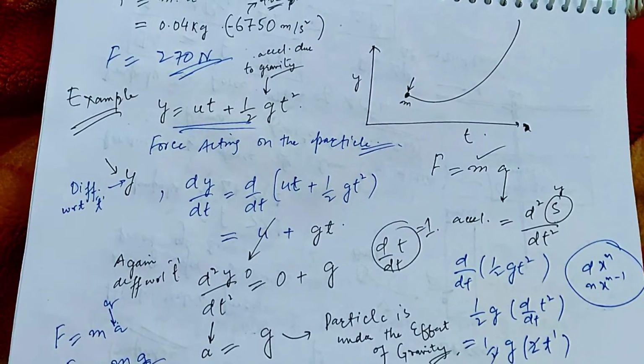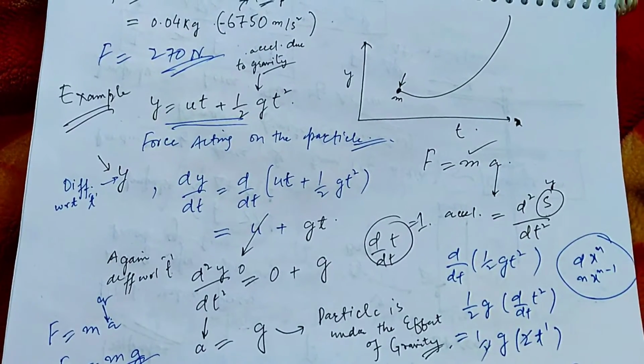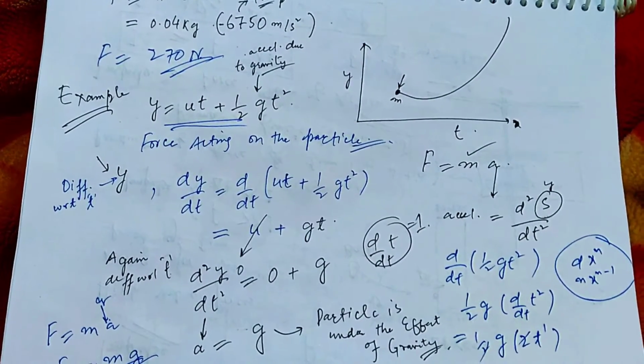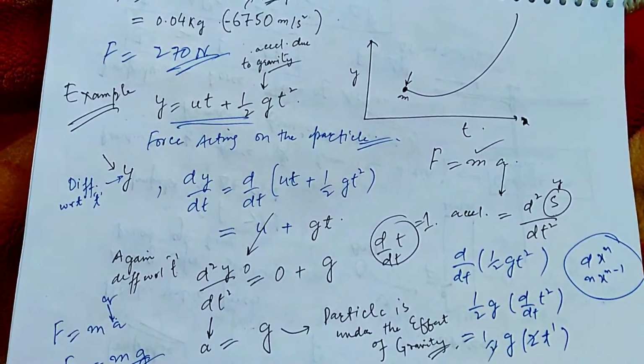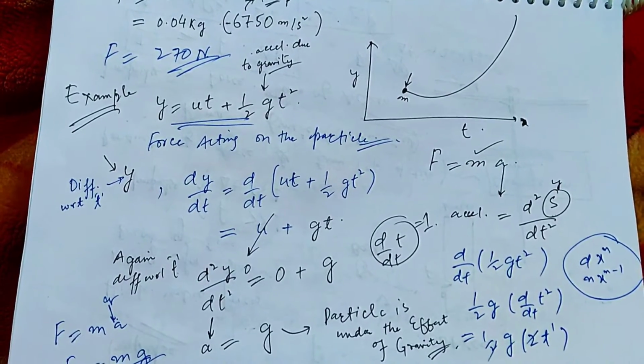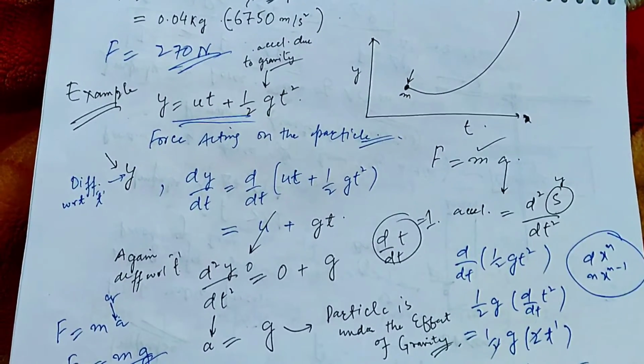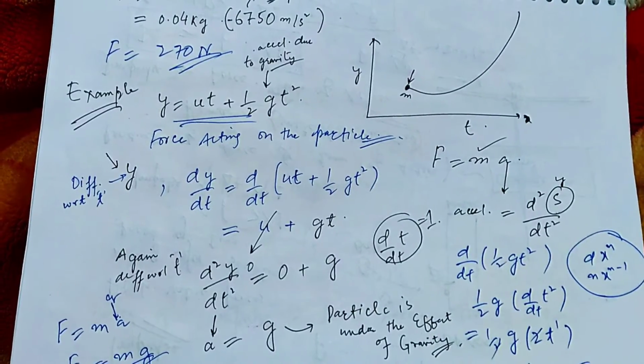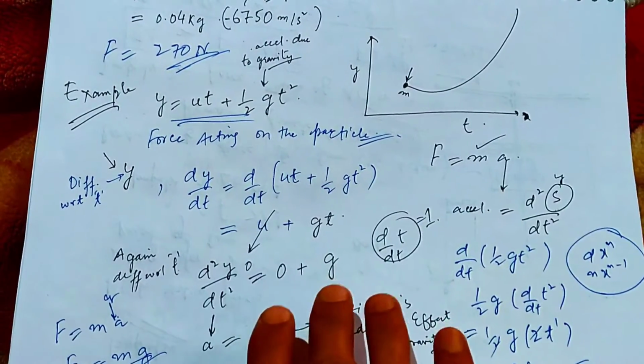Furthermore, you can solve it yourself. I'm sorry for that, there was some technical issue here, so that's why I couldn't record that very portion of this problem. So I have provided you the answer of this very problem here.